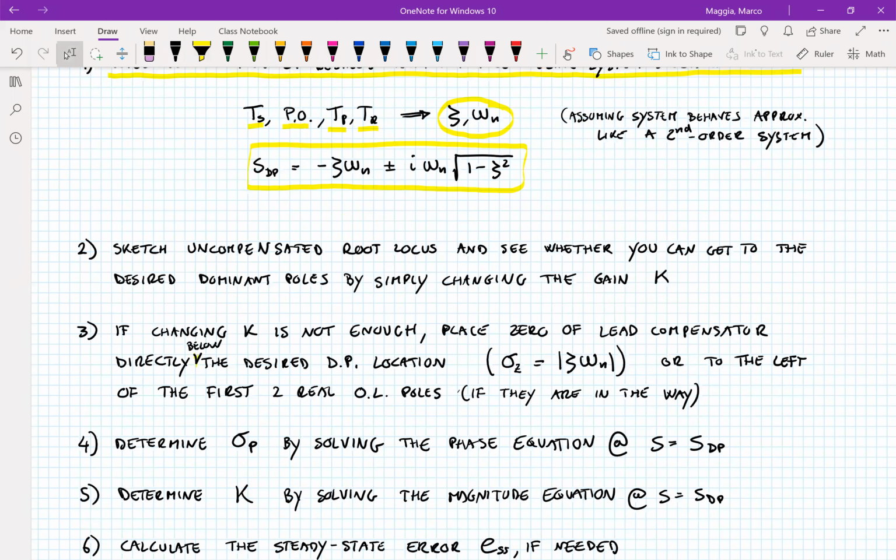Then what you want to do is to sketch the uncompensated root locus and see whether you can get to the desired dominant poles by simply changing the gain k. So check the root locus of the uncompensated system, because if it passes through the dominant poles that you want, then you're fine. You don't need to design a lead compensator.